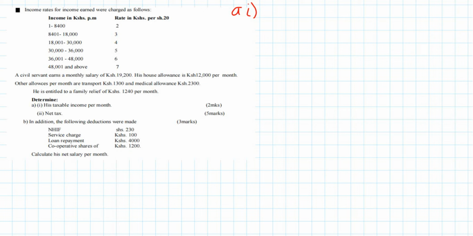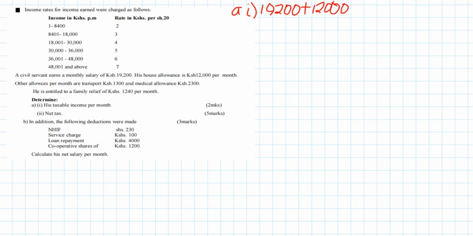So we want to determine A Roman 1, his taxable income per month. So we say that taxable income is given by the gross pay, then we take away allowable deductions or any allowances exempted from taxation. So in this case, we first of all calculate the gross pay, and the gross pay is going to be given by the basic salary, 19,100, and then we add all those allowances.